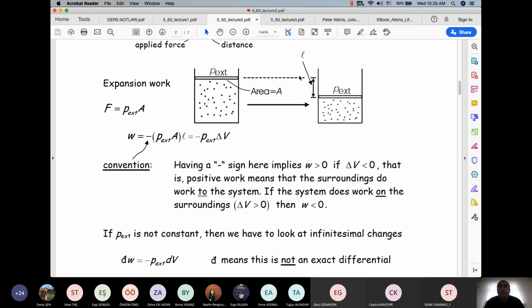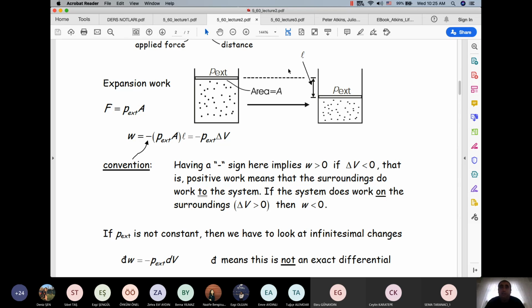If the volume is decreasing, you are compressing, and that means the system is gaining work. Work is plus. If the system does work against the surroundings, the system must be expanding and the work done has to be negative.